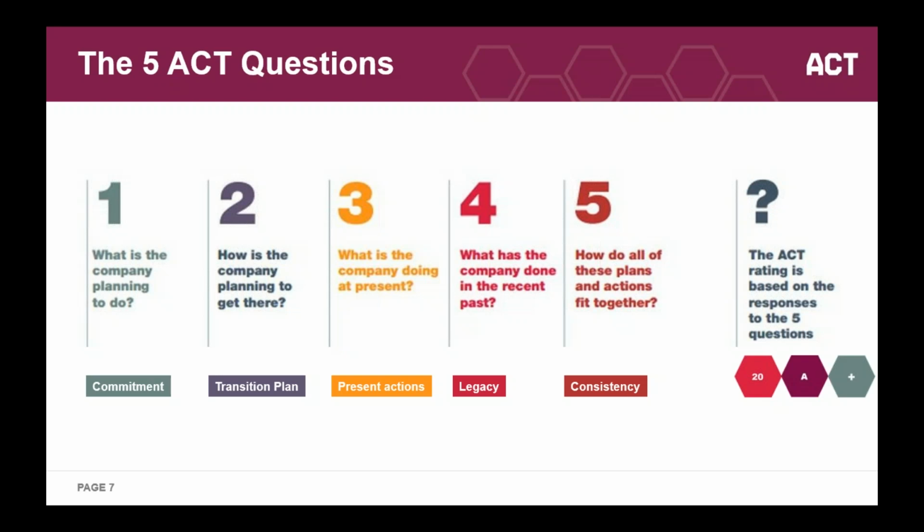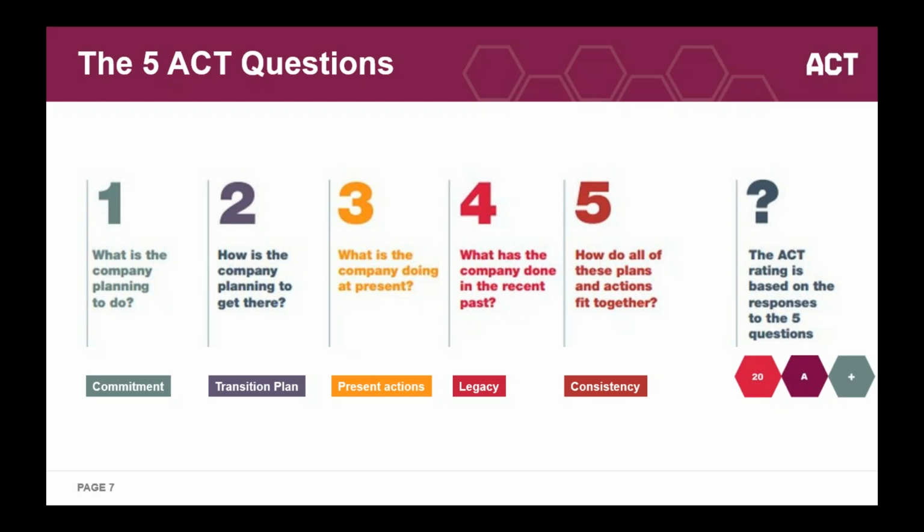Because we know that past performance can indicate the company's track record, and that might give us an idea of how well or how quickly a company will be able to transition. We then ask, and this is perhaps the most important question, how do all of those actions and plans and past performance fit together to come up with a final rating? So we look for consistency between these different approaches.